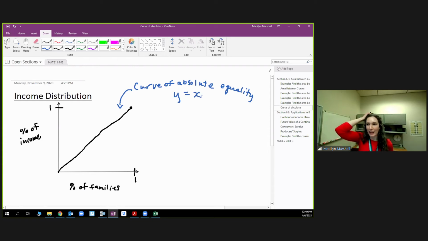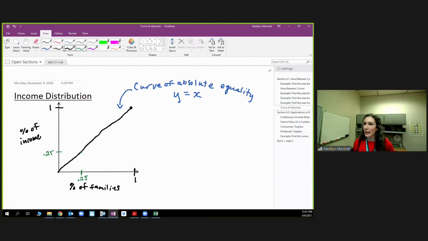So that's just a line with a slope of 1, and it's going through the origin. So y equals x is our curve of absolute equality. So what that means for these families and income is that if we were to go like here, let's say at 25%, and since this is 1 and 1, these will be as decimals, but 0.25, 25%, 25% of families have 25% of the income in the country.